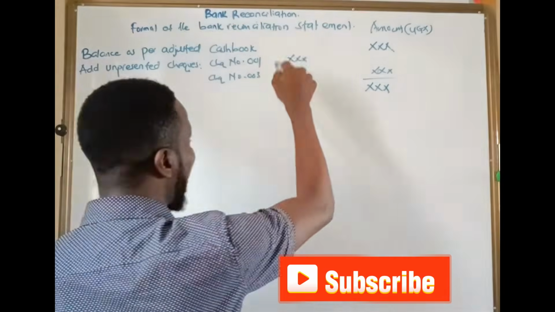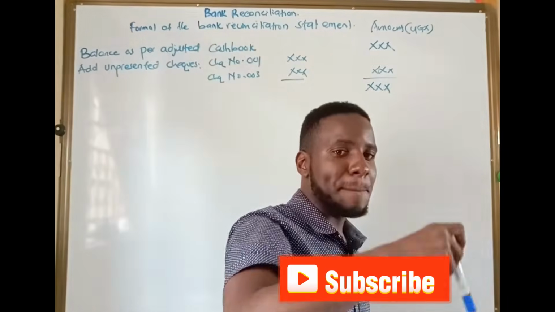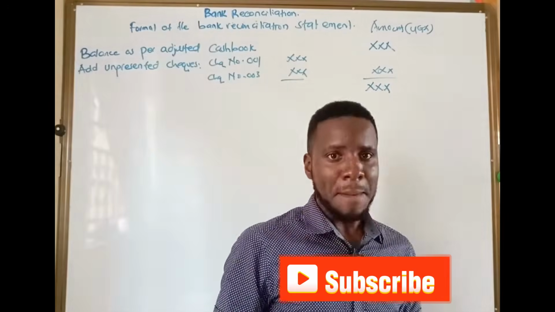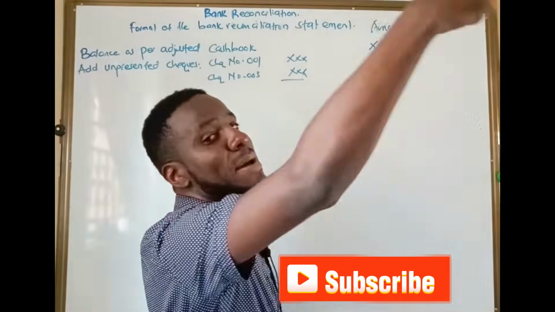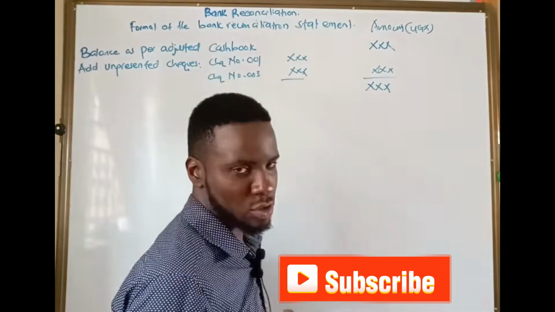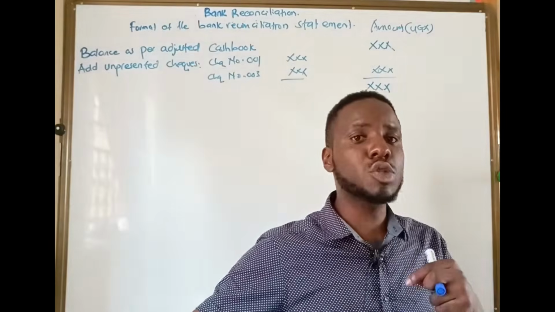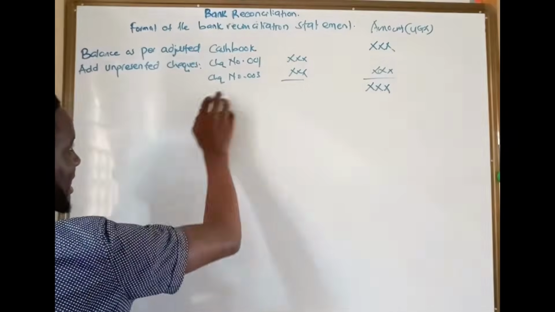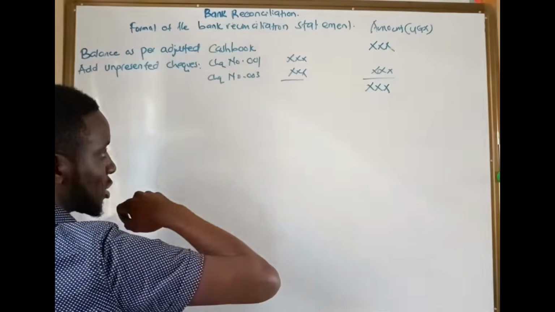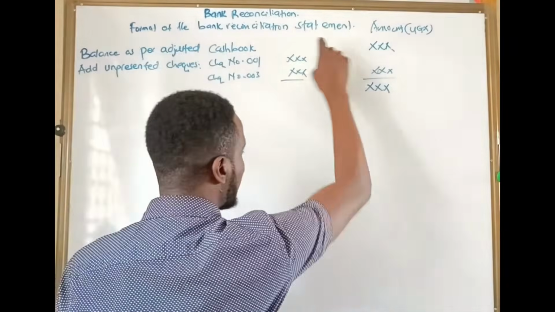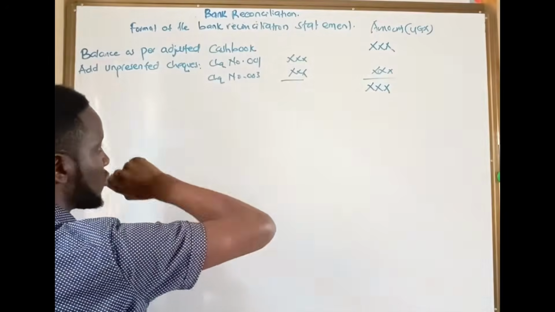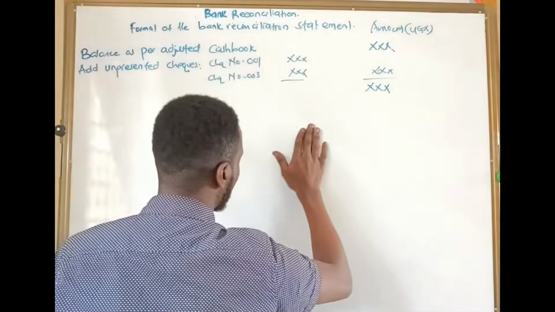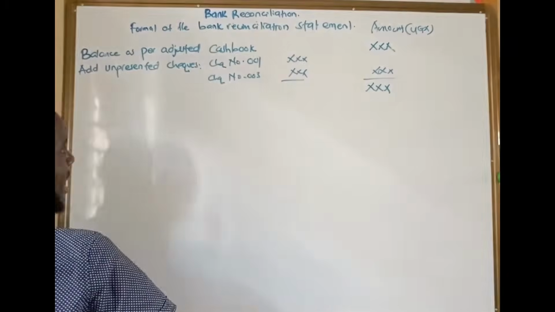Remember, crediting them means we subtracted them. But now, we are supposed to add them back to cancel out that transaction. So we cancel it out by adding it back to the cash book balance. When you credit an amount, you subtract it off. Now, here, we are adding it back.